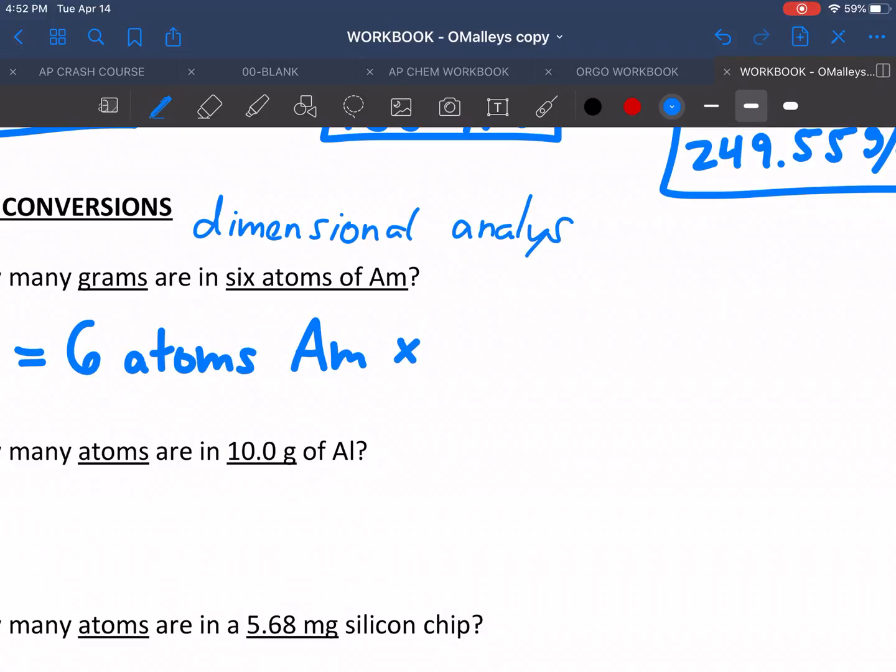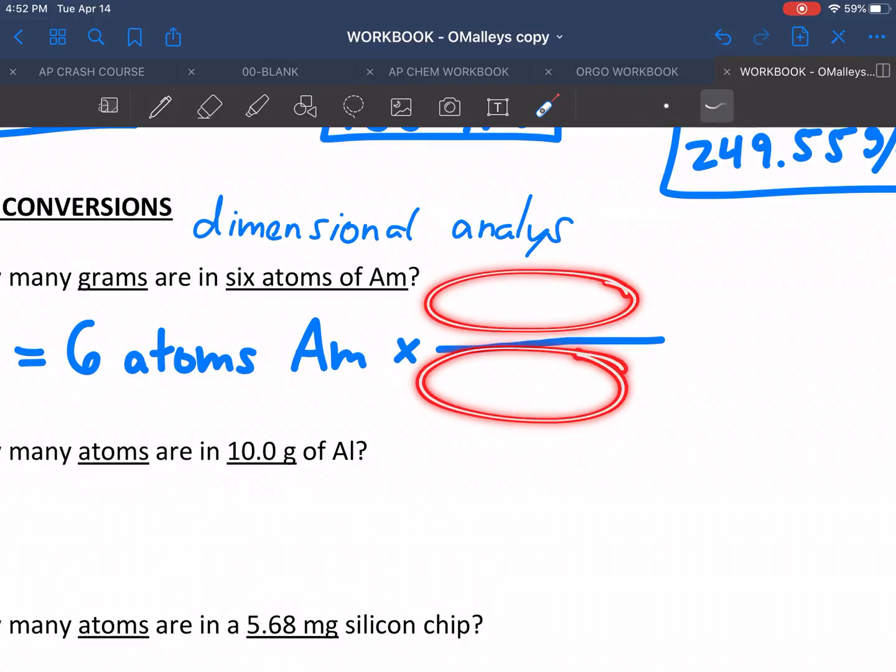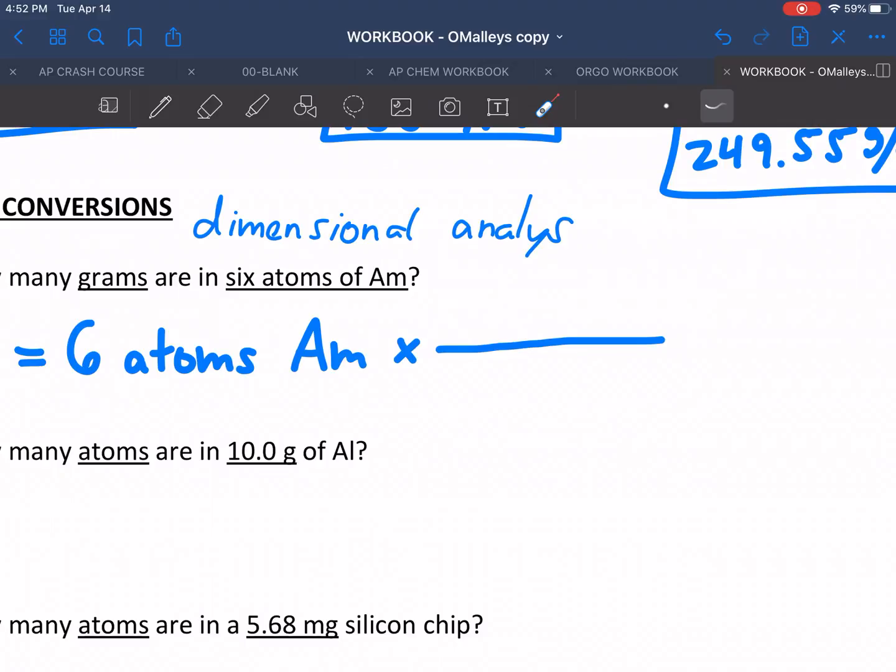And then to do a conversion, I write a blank empty fraction, and I need to fill in quantities that are equal to each other. That gets me out of one unit and into another. If I don't know where to go, I start with the unit I'm currently in, and I simply write that in my denominator.